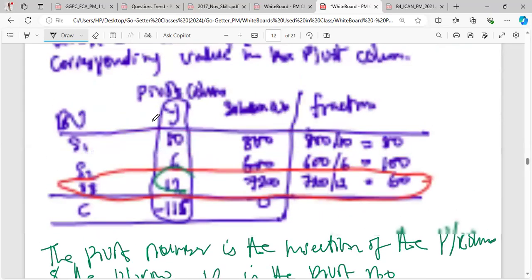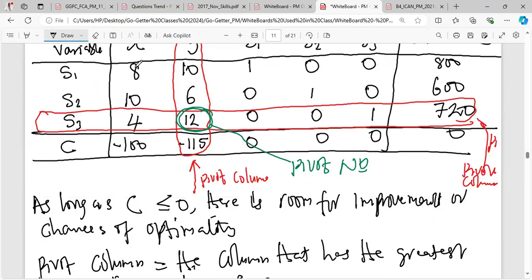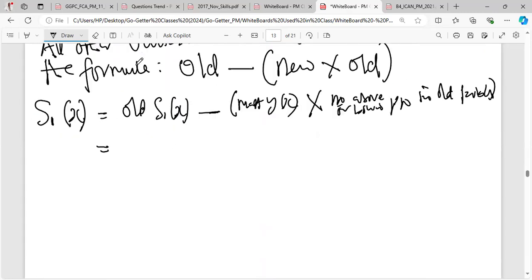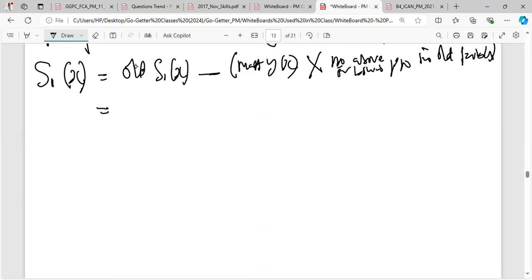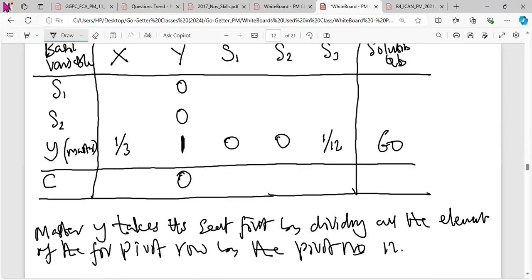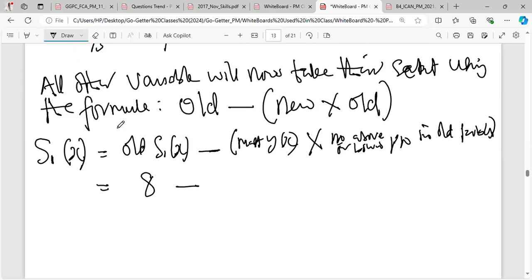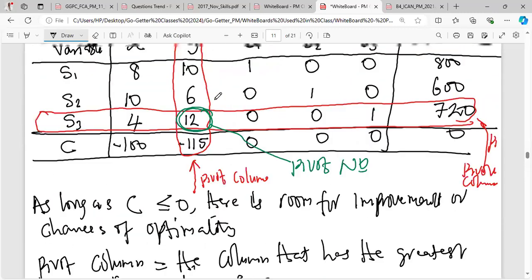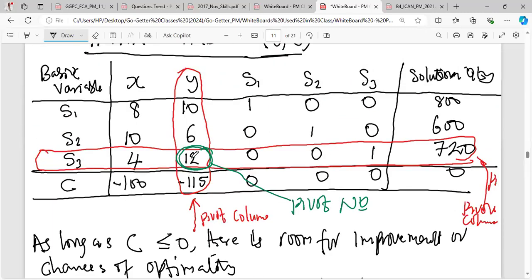The old table here is 8. So I'm taking this 8 as our old, minus the new in that same line of X, which is this 1 over 3 in this master row, times, go to the old row, look at this pivot column.